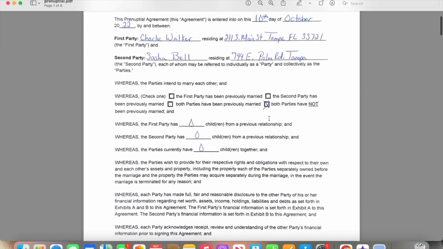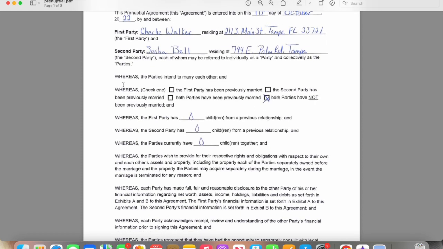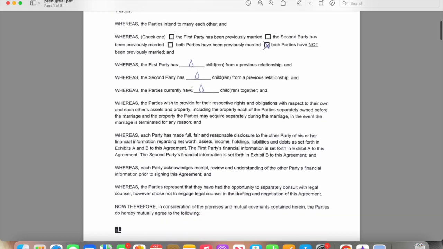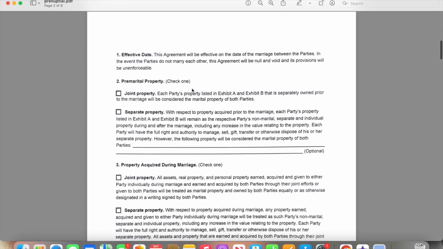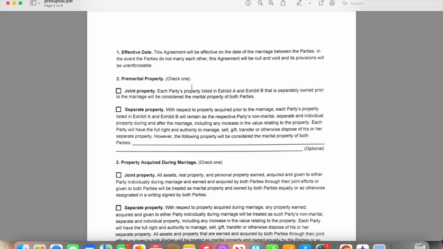And then you'll come down and you'll just basically decide whether they have children or they don't have children. Have they been married before? Has one of them been married? So it's just basically filling in the blanks and choosing which one is applicable for each person.